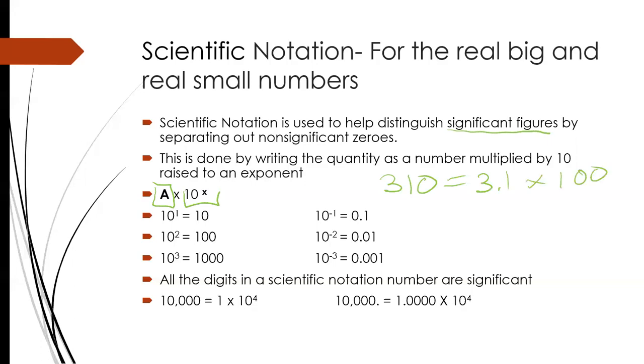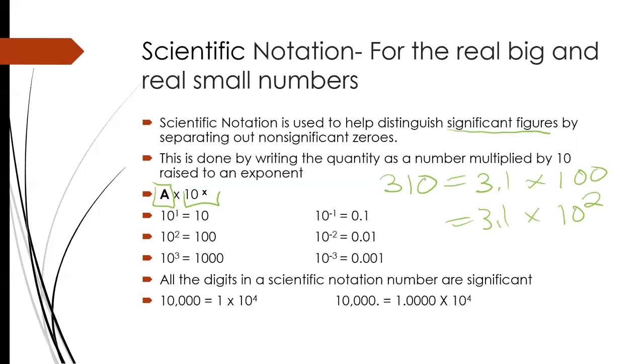That would get us 310. And 100 is really the same as saying 10 to the second power. So it's a way for us to include those 0 placeholders without having to include them in our base number.